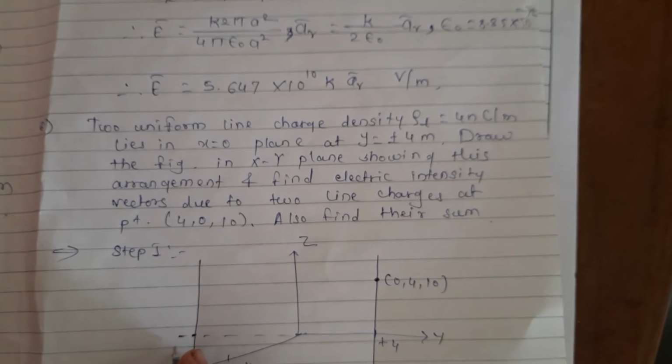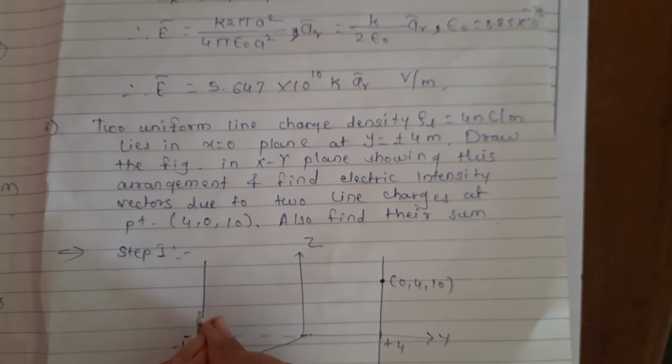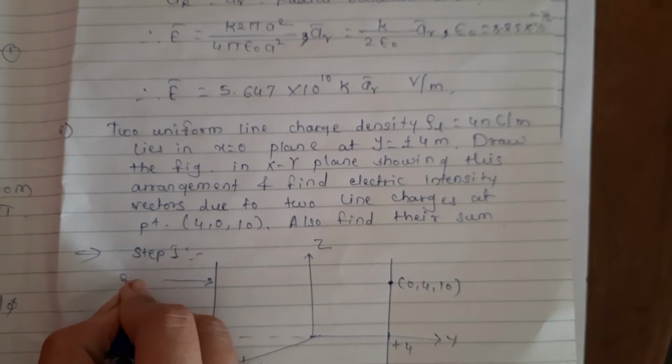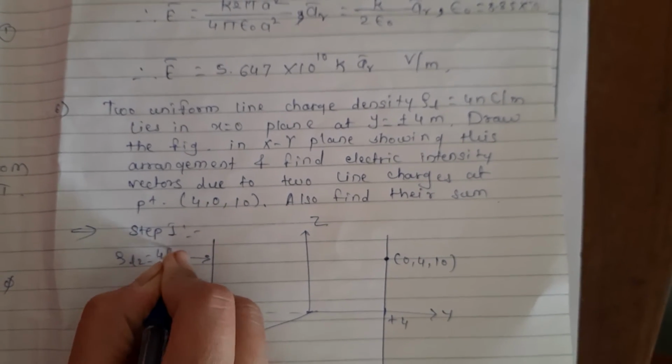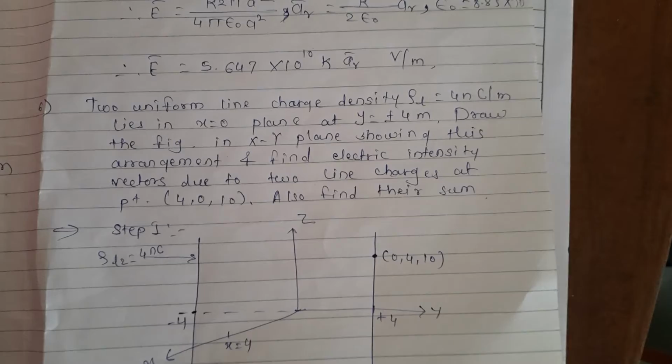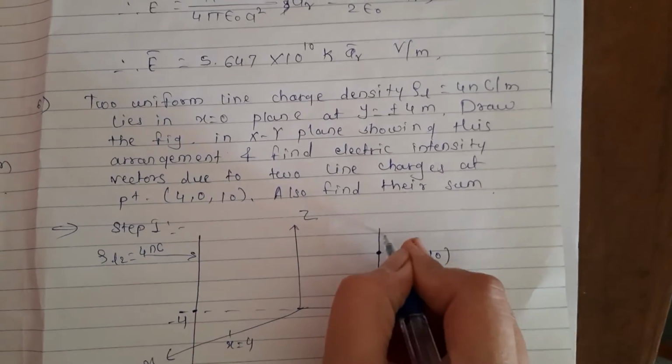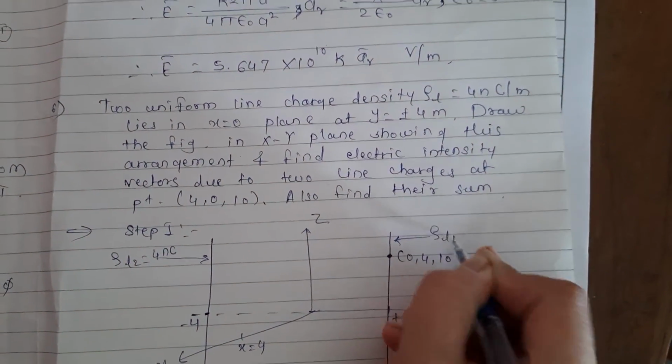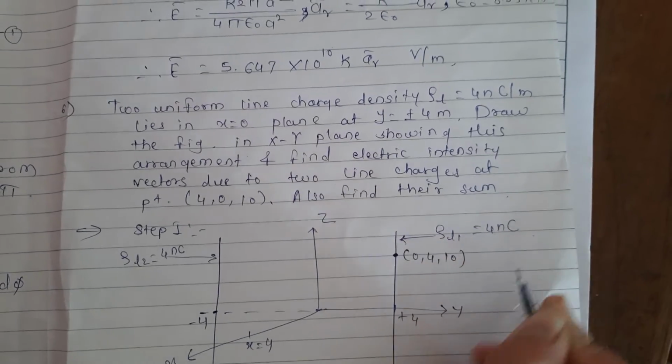This point is minus 4, 0, 10. This line is 4 nanocoulomb, and this line is also 4 nanocoulomb.